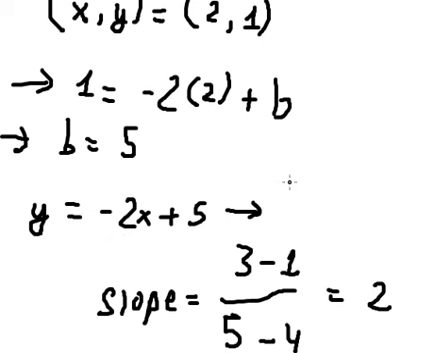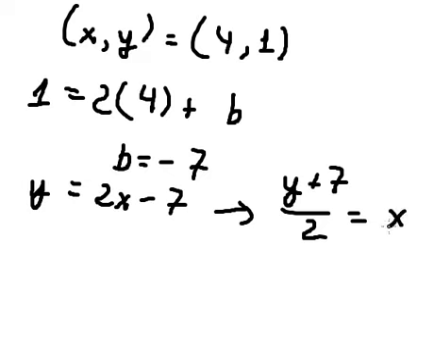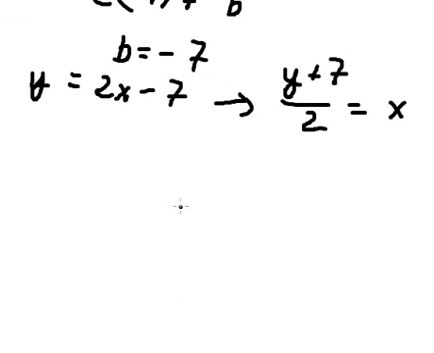So we will have y minus 5 over negative 2 equals x. And the second one we do the same. So if we look at the graph, we can see that this is the lower function. This is the upper function. So the bounds of x should be like this.